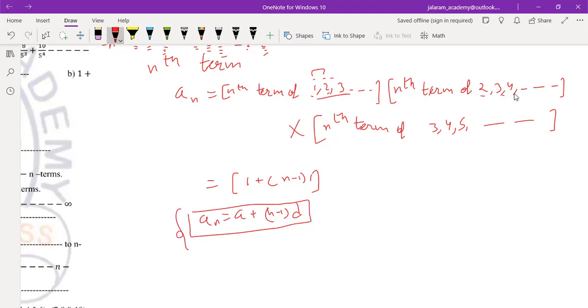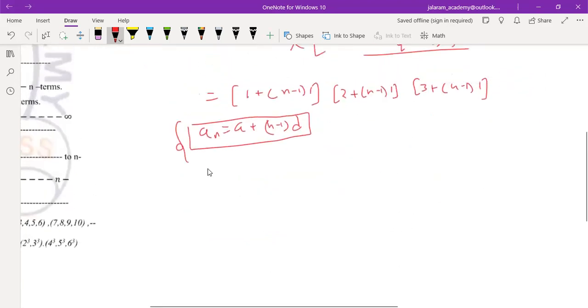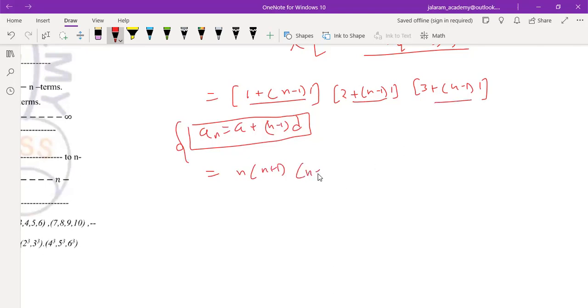And this is also an AP with first term 2, so 2 plus (n minus 1) into common difference, which is again 3 minus 2, 1. The nth term of the third sequence is also obtained by the same rule. First term is 3 and it is also an AP. So it is 1 plus (n minus 1), that is n only. This is 2 plus (n minus 1), that is n plus 1 only. This is 3 plus (n minus 1), meaning n plus 2 only.